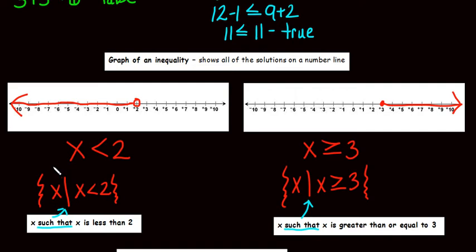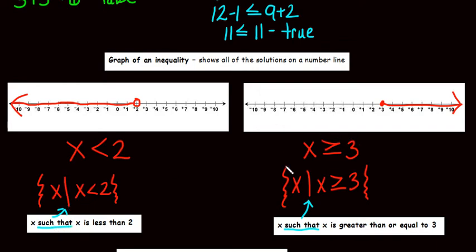And this is the solution set, and this is how you read it: x such that x is less than 2. Whatever number this is, as long as it's less than 2, it's going to make this work. And this line right here means "such that."